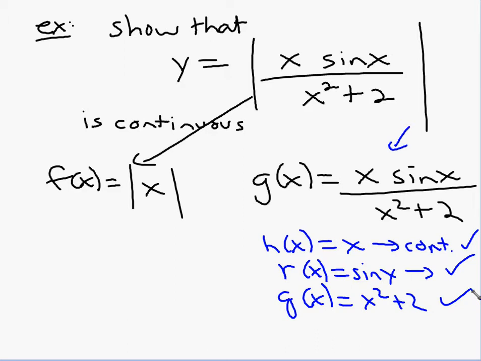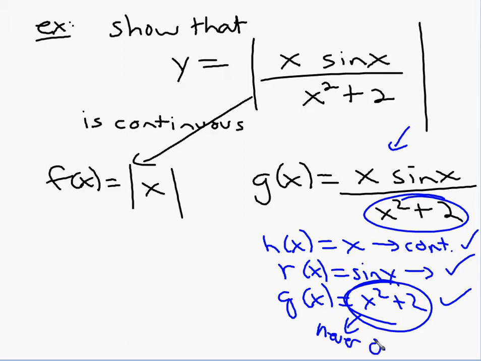Yes. And here's a more important question. Since it's in the denominator, is it ever equal to 0? Think of your function. Isn't it a parabola moved up 2 units? It is. So this one is never 0.